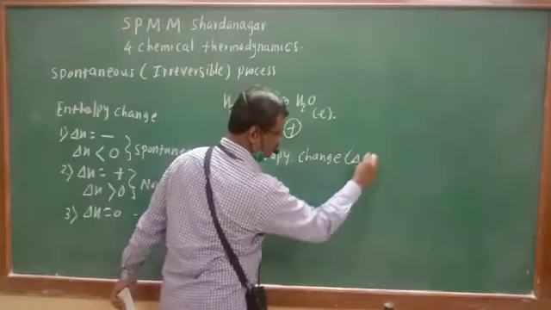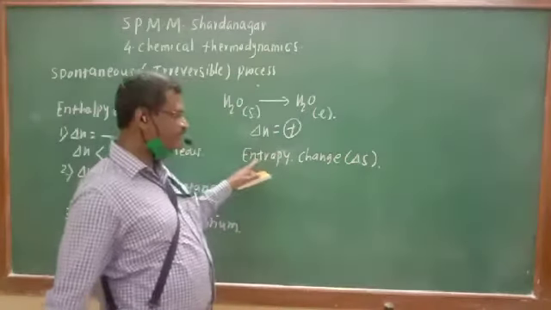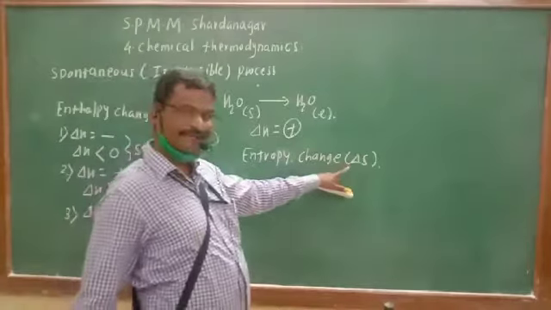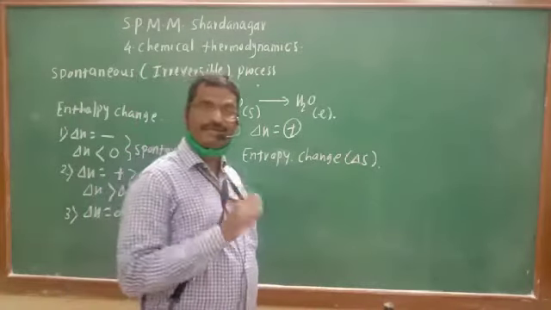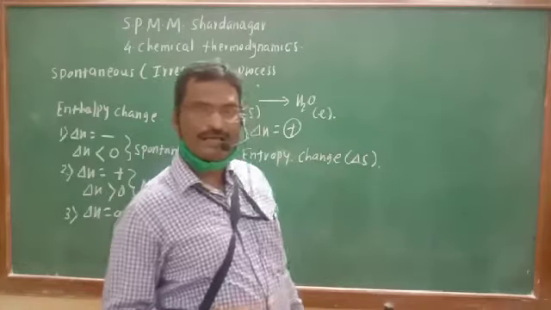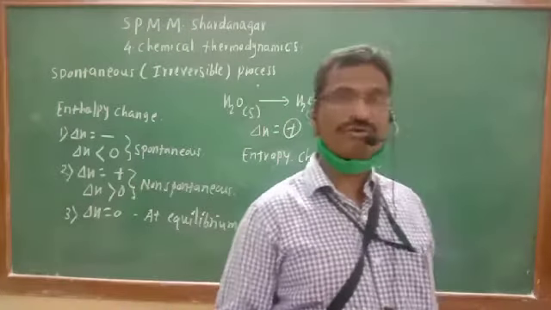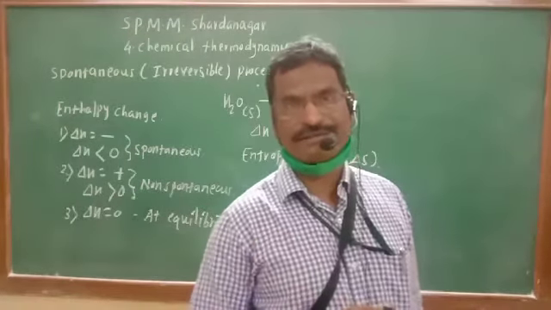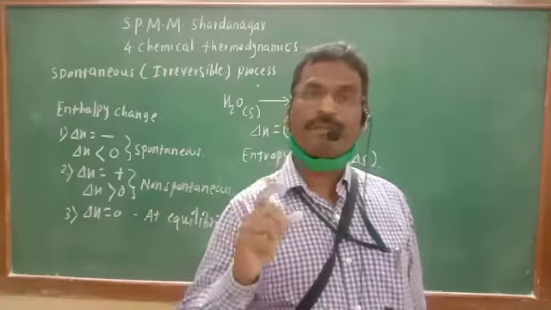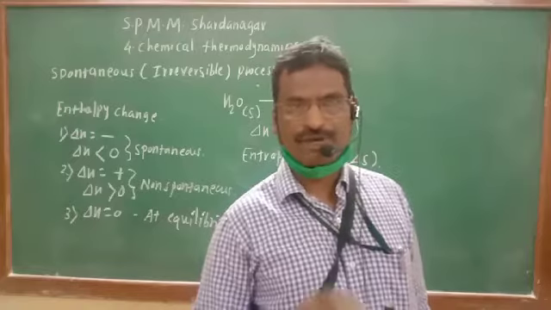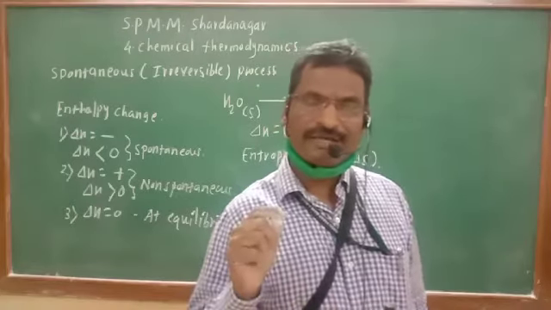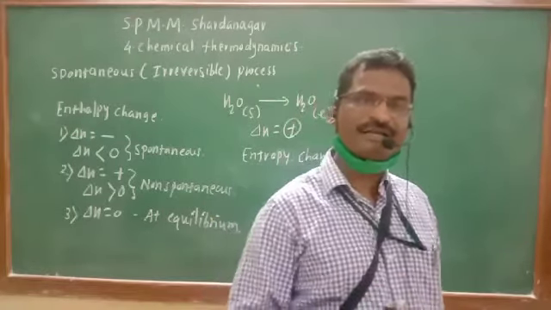It has a designation of symbol delta S, entropy change. Entropy is defined as a measure of randomness, measure of disorder present in the system.